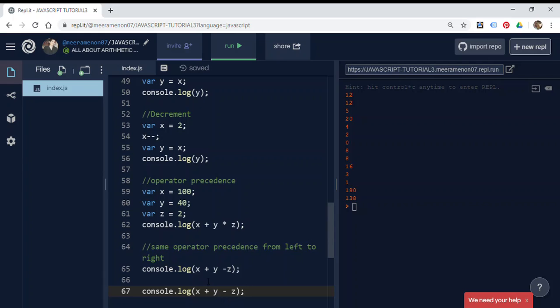If you don't write that, it will just follow this order. So if you want the second operator to take place first, let's do it like this and see what happens. Let's run this and see what happens.